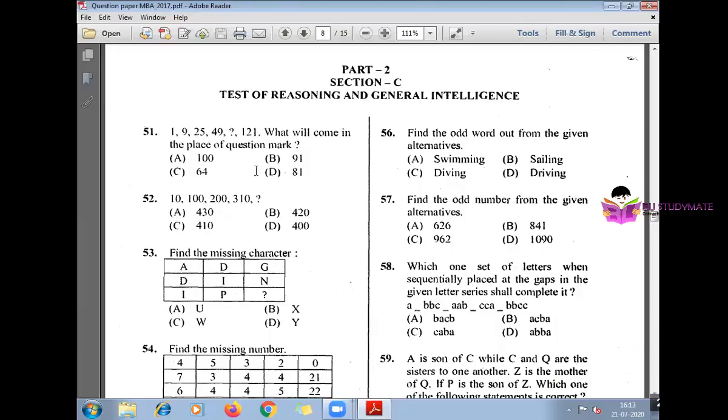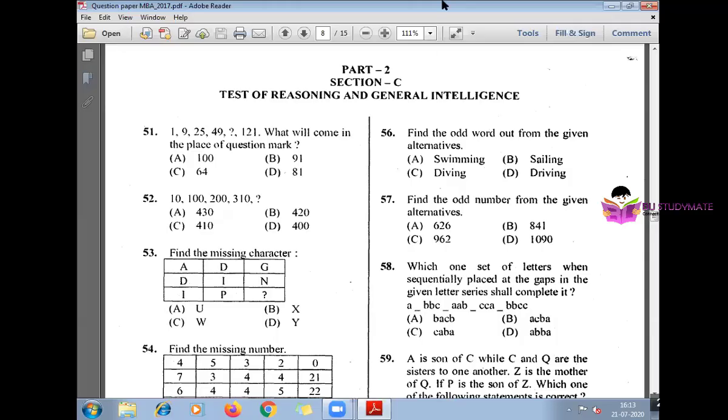Before solving this question, I need to tell you 2 to 3 important points you can note down. For solving the logical and reasoning questions, you need to be very thorough with basic operations, that is addition, subtraction, multiplication, and division. You need to be thorough with the squares and cubes of numbers, at least up to 20. And another important thing is you need to be thorough with the letters and number positions.